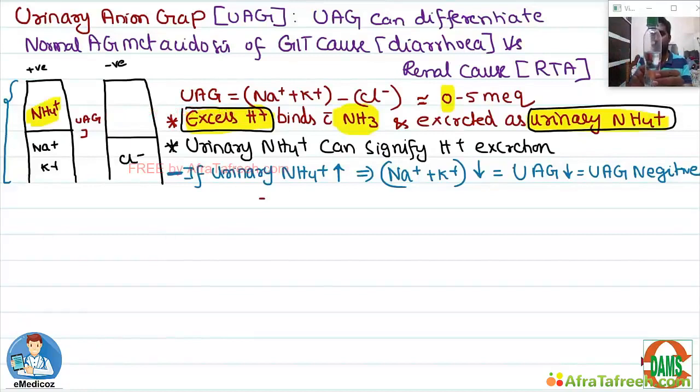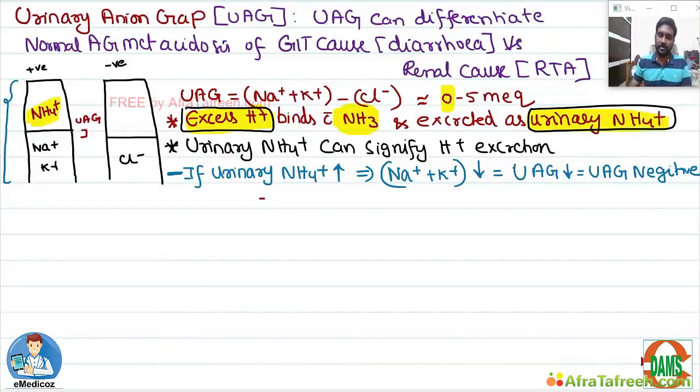Because of some disease, if measured is decreasing, unmeasured will gradually increase. If unmeasured is increasing, measured will decrease. Now in the question, NH4 plus is increasing. So whenever urinary NH4 increases, automatically Na plus K plus will decrease.